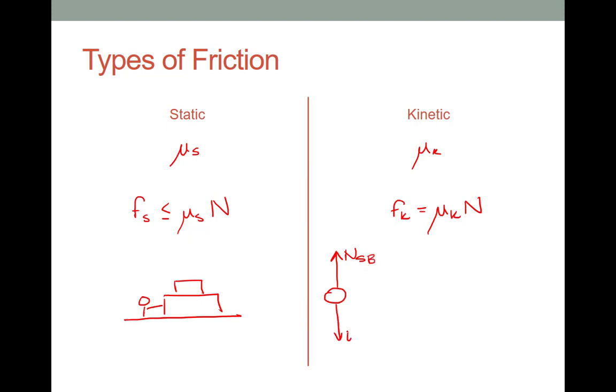I have the block's weight. I have a normal force from the top block pushing downward on the bottom block, and potentially multiple frictional forces, but let's just deal with the one between the surface and the bottom block.